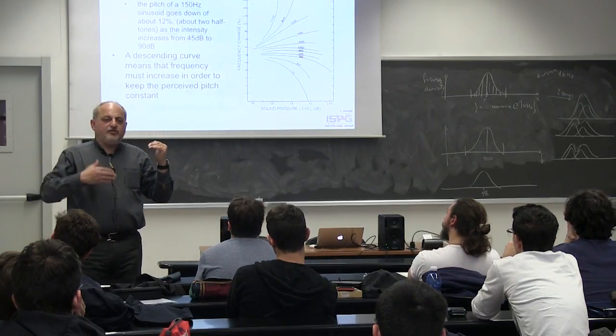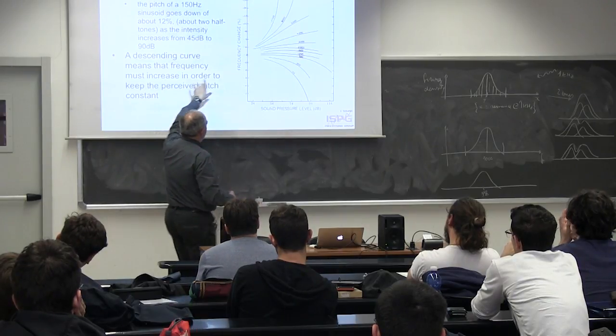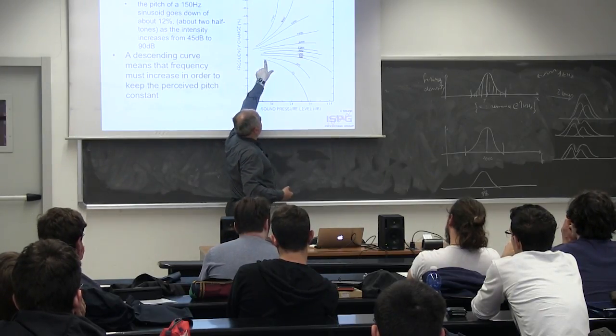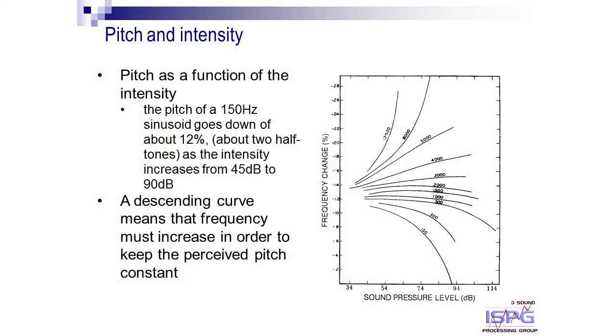If you now alter the sound pressure level, let's do this. We take a tone at 150 hertz in control condition. We start increasing the sound pressure level, and then you have to reduce the frequency by this amount, expressed in percent, in order to maintain the perception of the same tone.